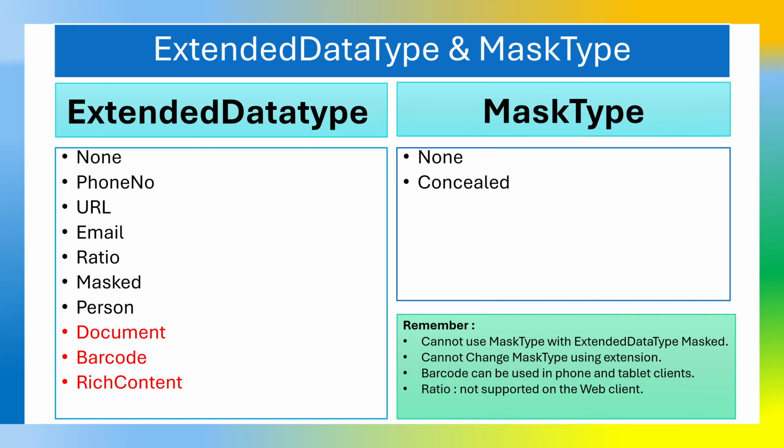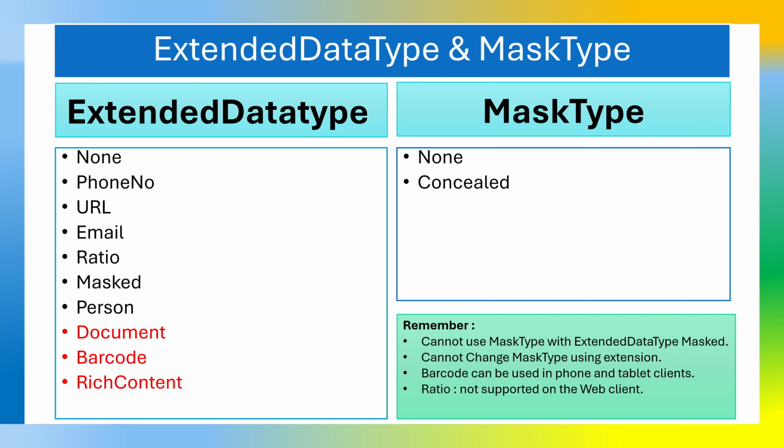So when you define the property of extended data type as phone number, the client handles the field as a phone number and will display a hyperlink whenever it's needed, and then activating that hyperlink will launch the default dialing app. So if you are on a mobile device and you have a field set with extended data type as phone number, it'll actually open the dialing app on your phone.